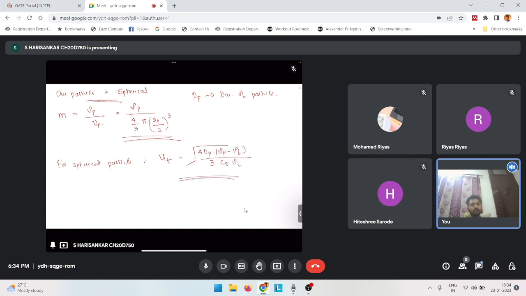Also, one more thing we try to do here is, because it is a spherical particle, the area of the particle will be 4 pi dp by 2 the whole square. So we substituted these two terms for the mass of the particle and area of the particle, and after simplifying it, we will get the equation for spherical particle like this, which is ut, the terminal velocity, which is equal to root of 4 dp into rho p minus rho f by 3 cd rho f.